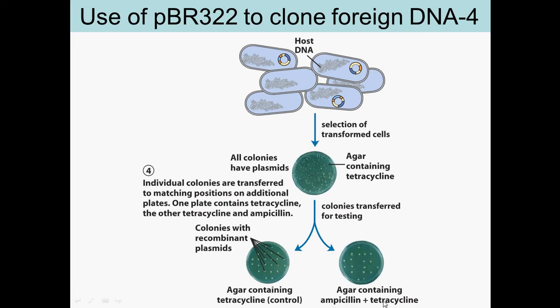And over here you have ampicillin and tetracycline, so only the ones that have the gene of interest in the plasmid will be ampicillin sensitive, while the ones that have ampicillin resistance are the plasmids that did not incorporate the gene of interest. So these ones are ampicillin sensitive, and they are the bacterial colonies that have the gene of interest in the plasmid.